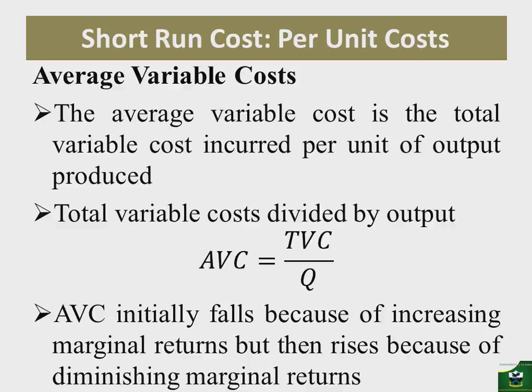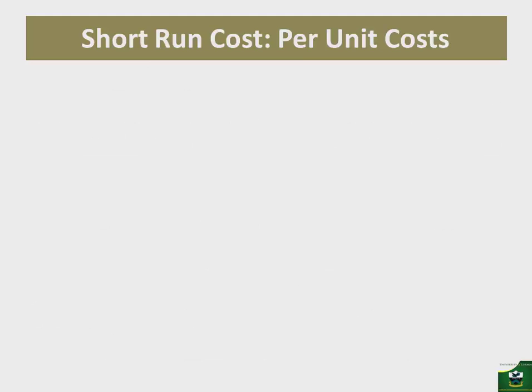And after a given level, if the firm continues to hire resources, it means that the average variable cost will then start to rise at an increasing rate. So whereas the total product will be rising at a diminishing rate, the average variable cost will be rising at an increasing rate.